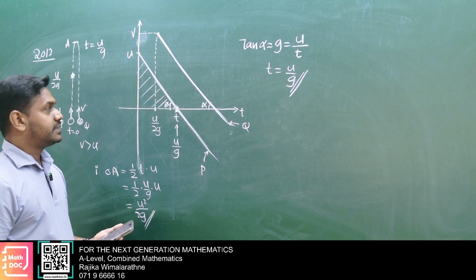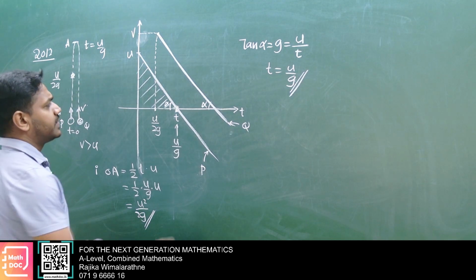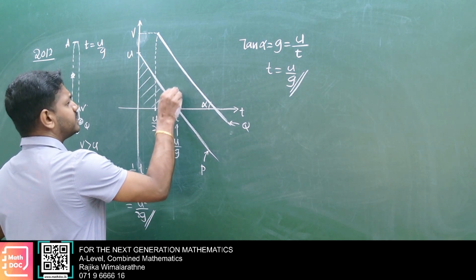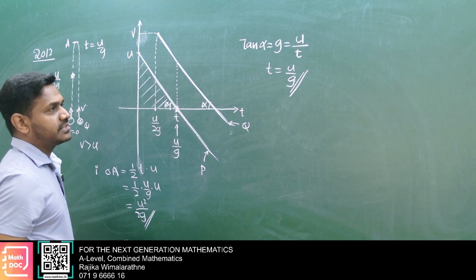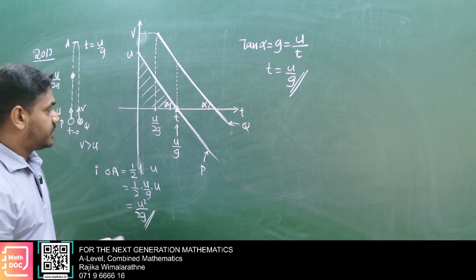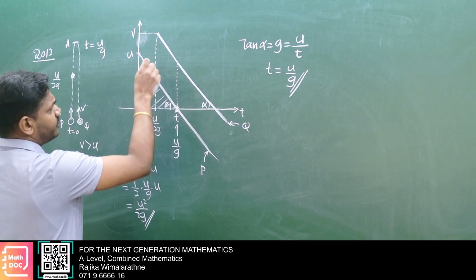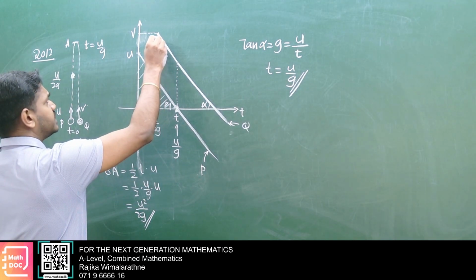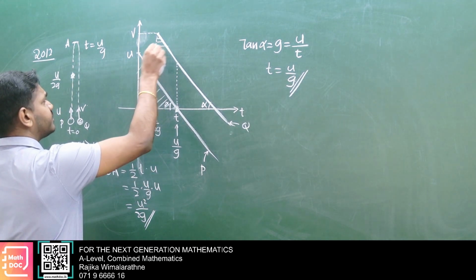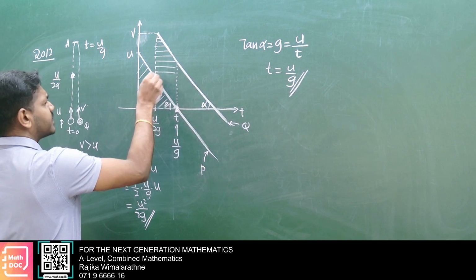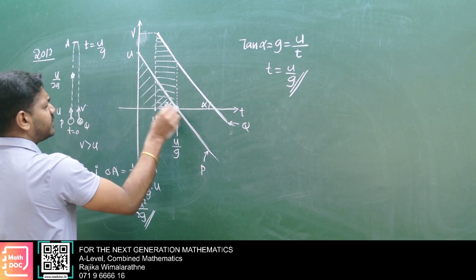Now it says that they meet at that position. So at the maximum height of A, particles P and Q meet. When you consider this shaded region, they must be the same, no?